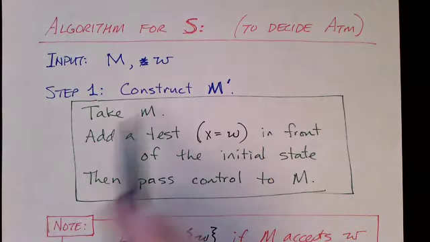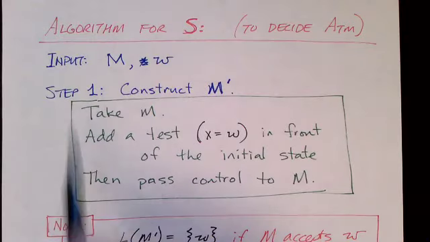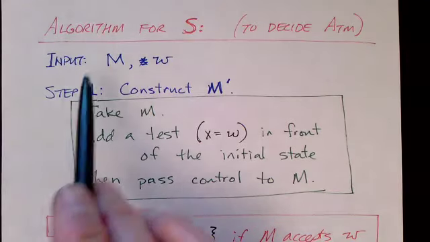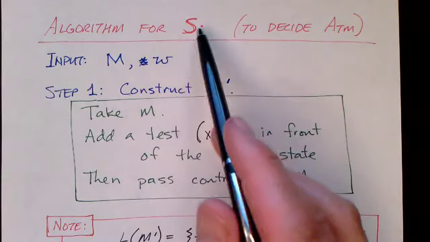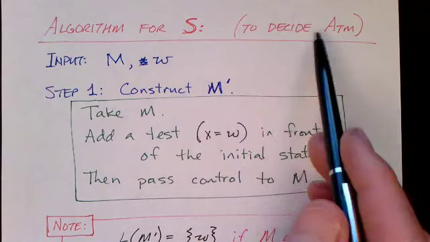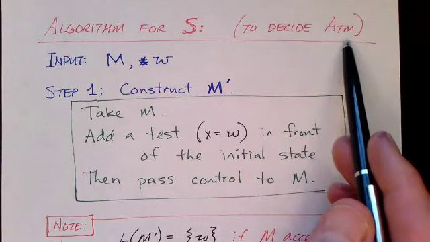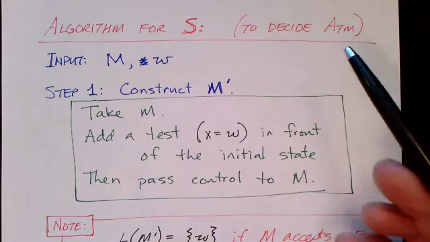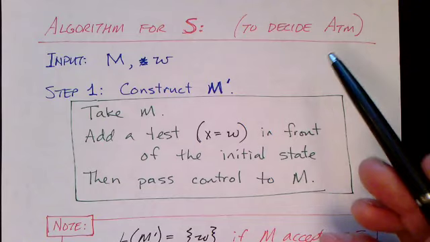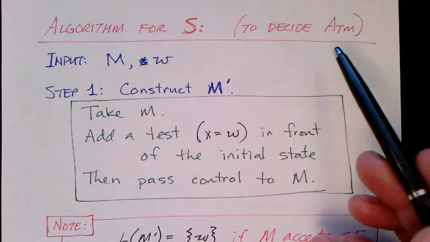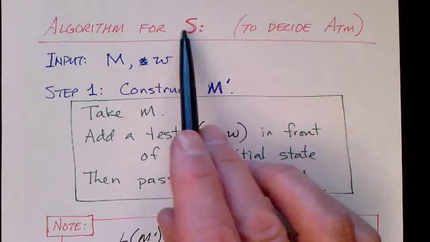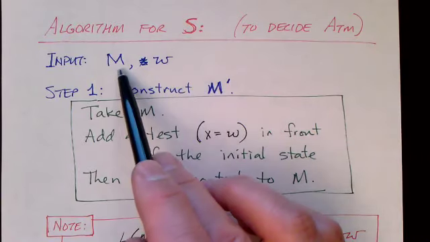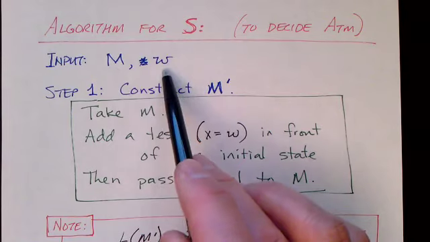Remember I said that the algorithm for S had two parts, step 1 and step 2. So let's look at the whole algorithm for S now. And what we're doing is we're constructing an algorithm to decide the acceptance problem for Turing machines, assuming that we have R, which is a Turing machine to test whether a machine accepts anything or not. So algorithm S has two inputs, the description of a Turing machine and a string.